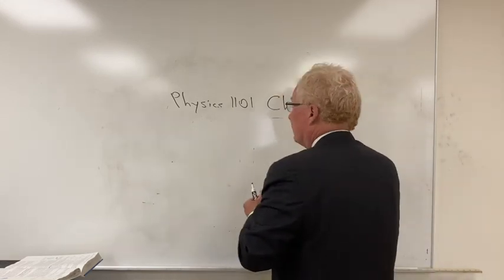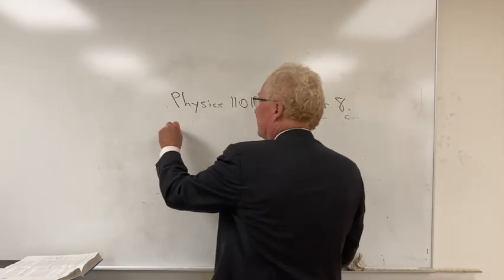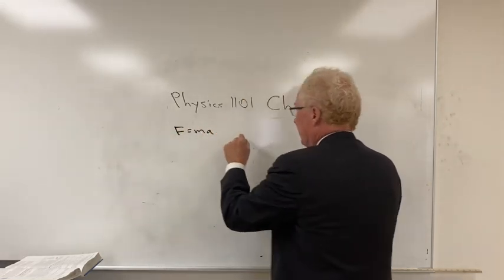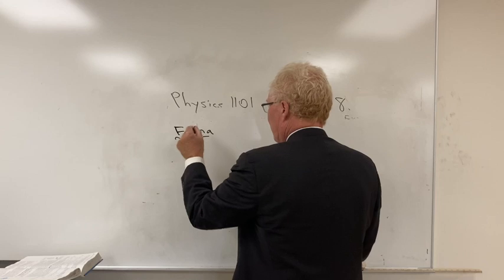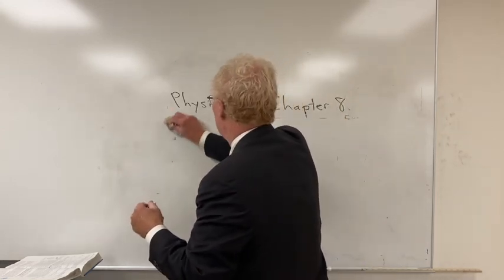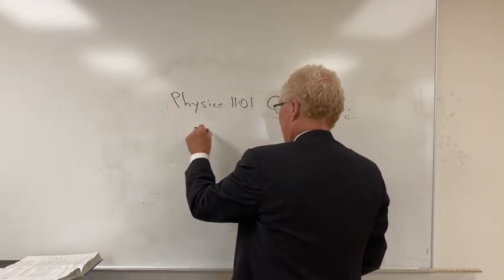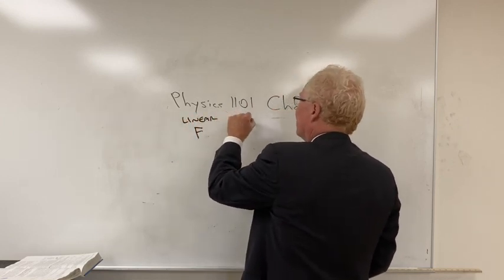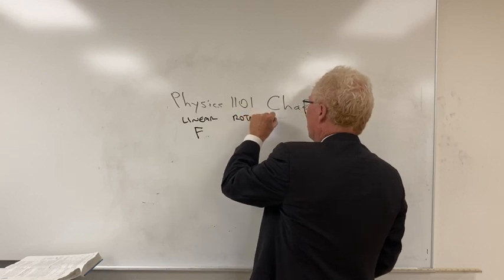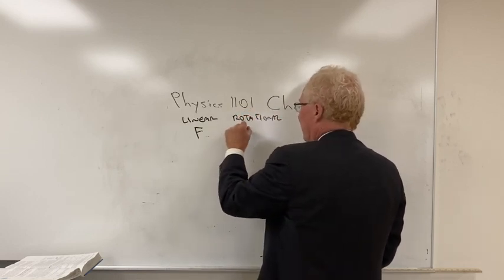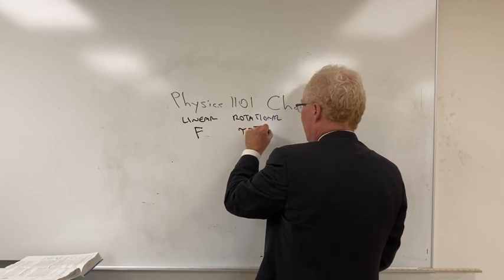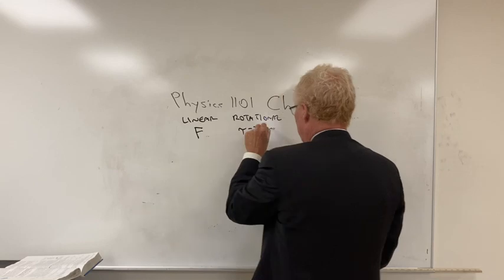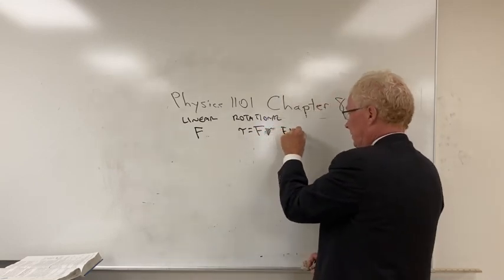Okay, so again from the earlier chapter, force is mass times acceleration. We have force in the linear case, and in the rotational case we have torque, which is given by F times r, as long as F and r are perpendicular to each other.